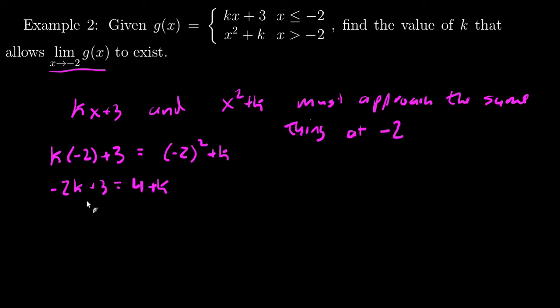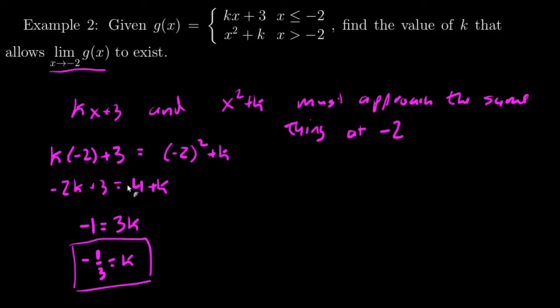And then I'm going to solve this, so I will add 2k to both sides and subtract 4. So I get -1 equals 3k. And in here, I'm going to divide both sides by 3, and I get -1/3 is equal to k. I prefer the fraction to the repeating decimal.